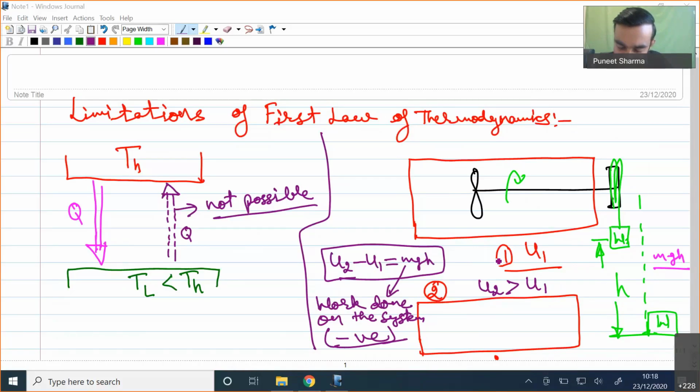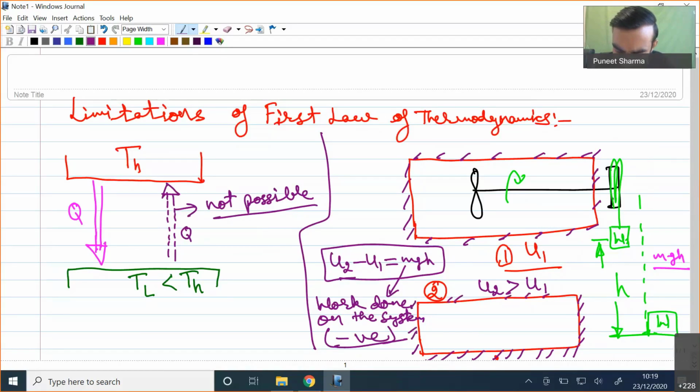So how can I do this? Initially I had considered that the boundary of the control volume is insulated. That's why whatever work was done on the system is reflected as an increase in internal energy. At state 2 the boundary was insulated, and because of that we now have increased internal energy content.